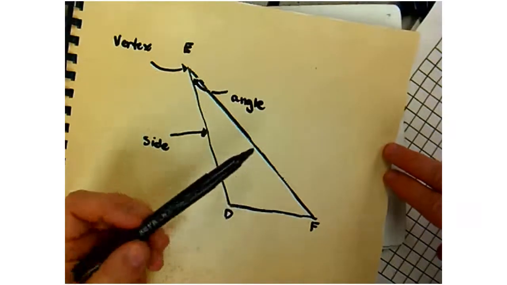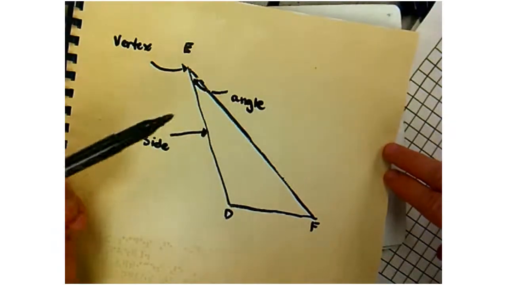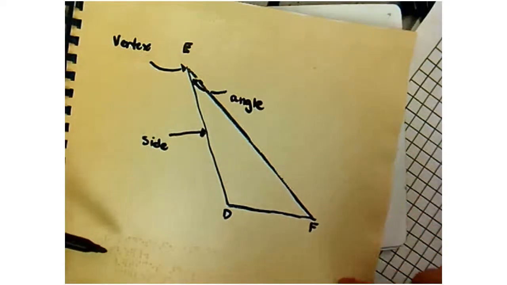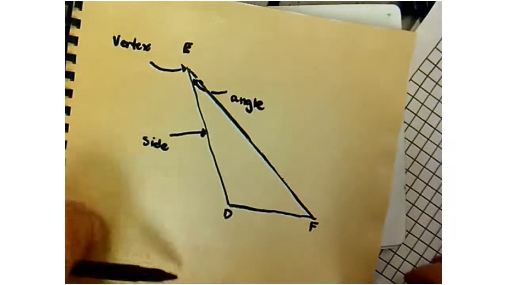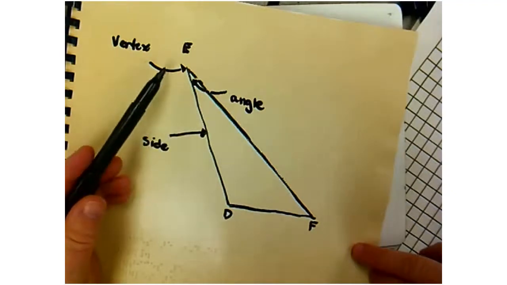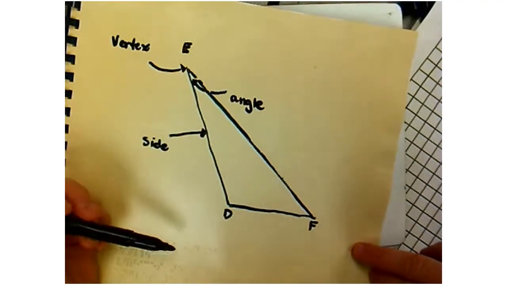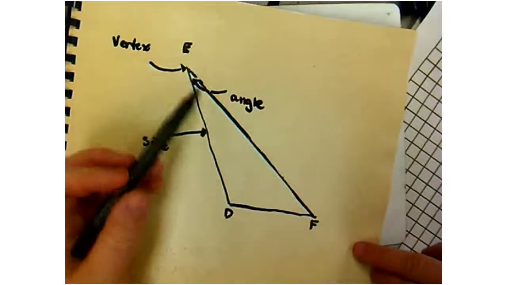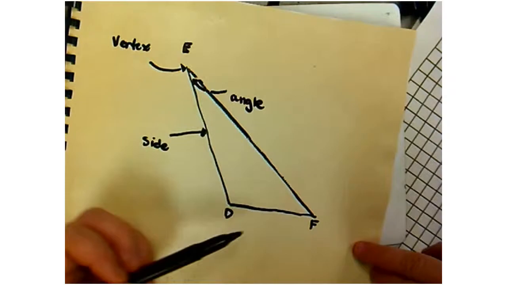All right, so they're labeling this triangle DEF. All right. The sides, it says down at the bottom underneath your tactile, the sides are line segment DE, line segment EF, and line segment DF.